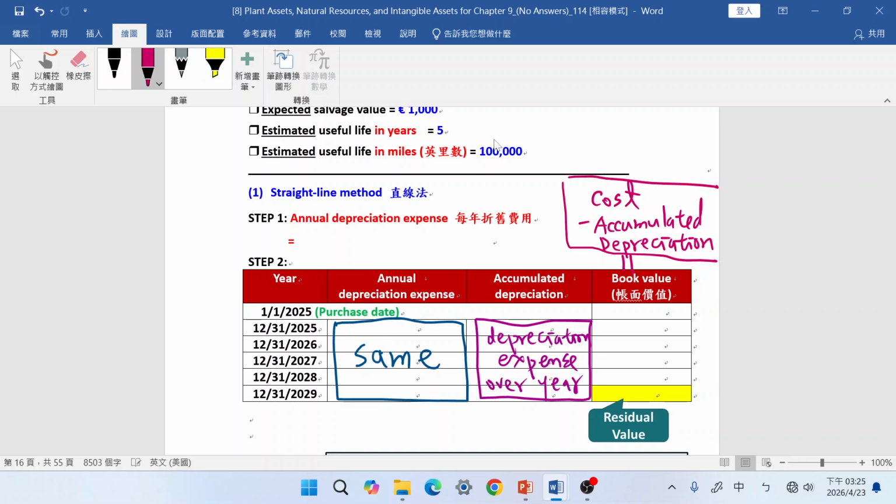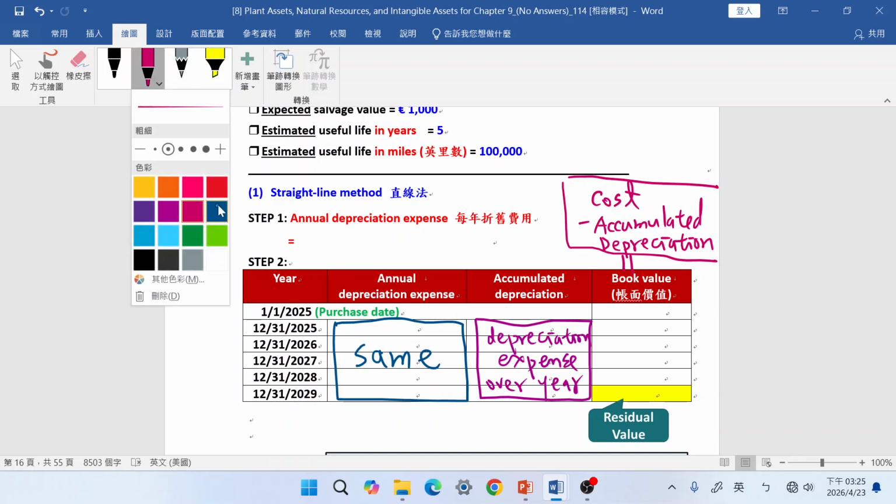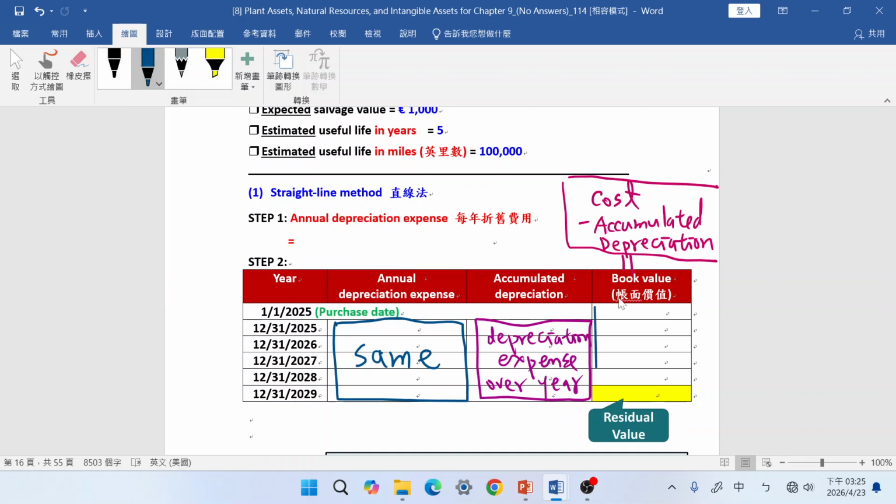So based on this, can you know your PPE's value for each period? Yes. So you can know your PPE's value for each period. Okay? Finish this table, and you have all the amounts you need, right?